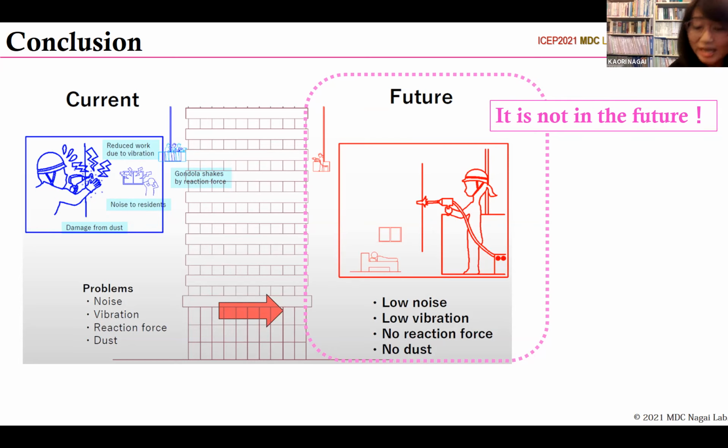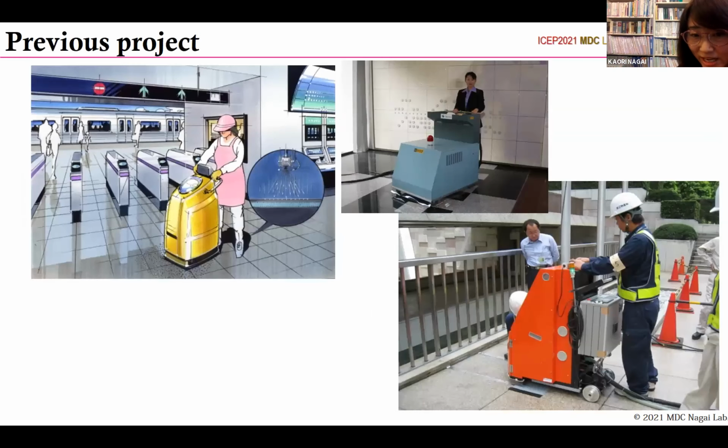And of course, I have to research more, checking for vitrification or something like this. But I can see the possibility to bring the laser machine on the gondola, because already in the architecture and construction field, we bring the laser machine to a construction site.